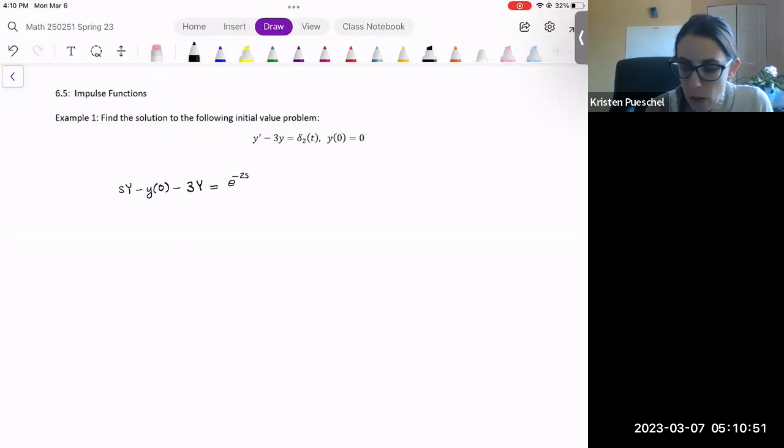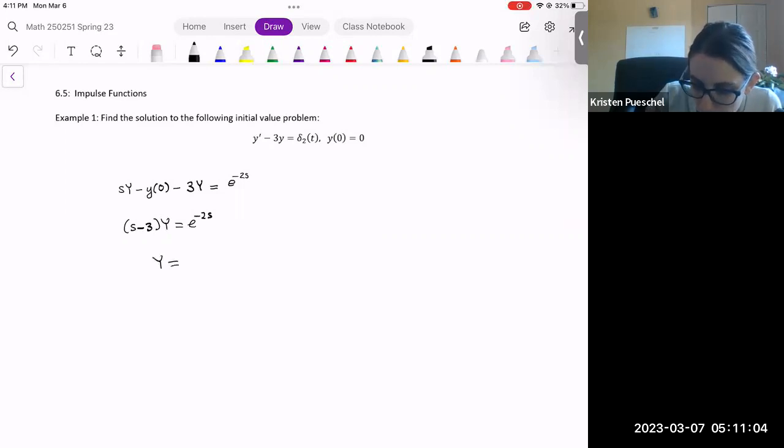Okay. We include our initial condition, which was just equal to 0. So this gives us that s minus 3 times Y equals e to the negative 2s. And we can solve for Y. Y is e to the negative 2s times 1 over s minus 3.